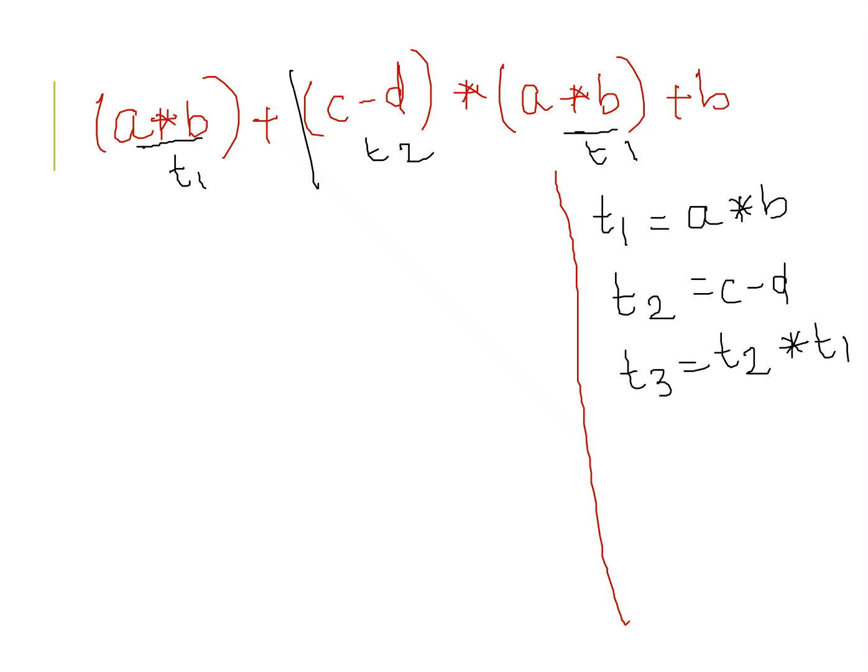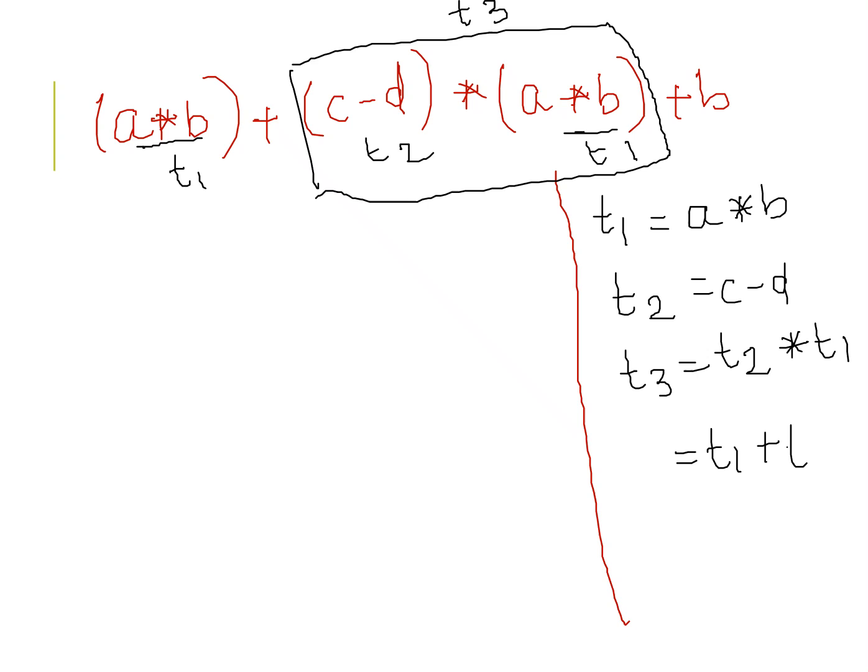Thus, this particular thing which is in the square bracket for now, I will call it as T3. Now, if you read the equation, it will be T1 plus T3 plus B. So, all additions are there, all operators are of same priority. Hence, I will add T1 and T3, storing the result in T4. And finally, it will be T4 plus B, storing the result in T5.